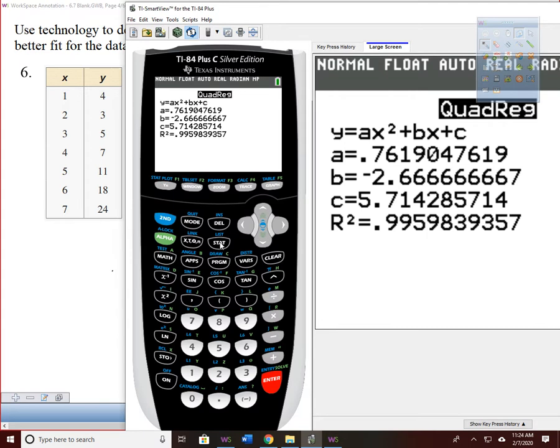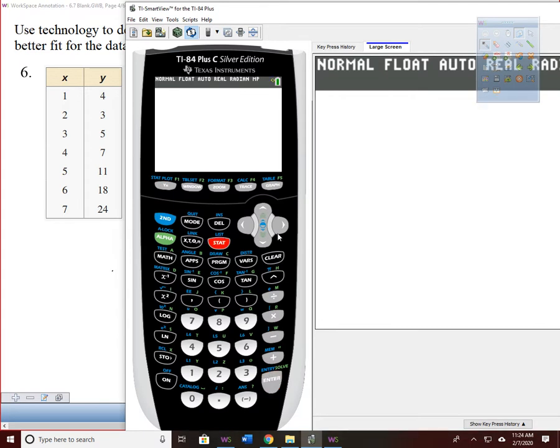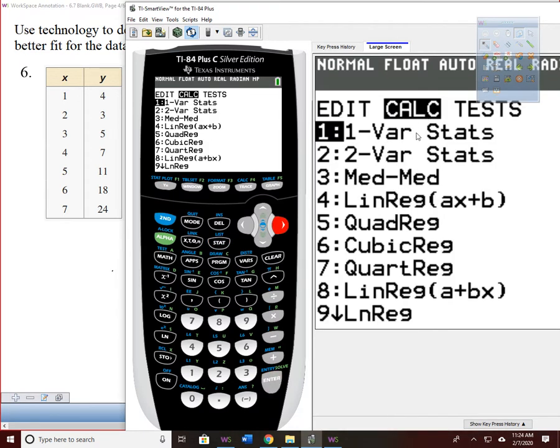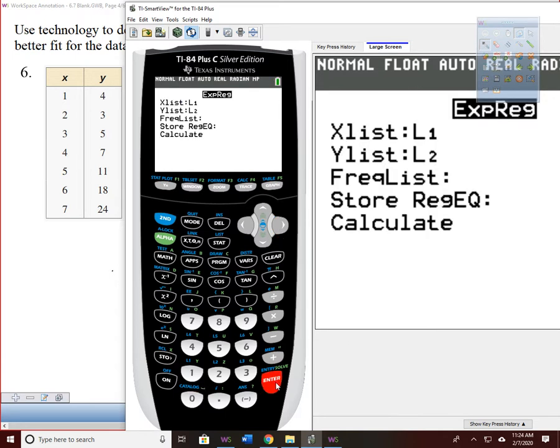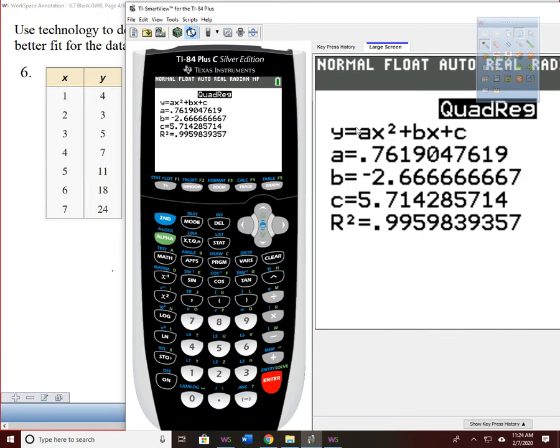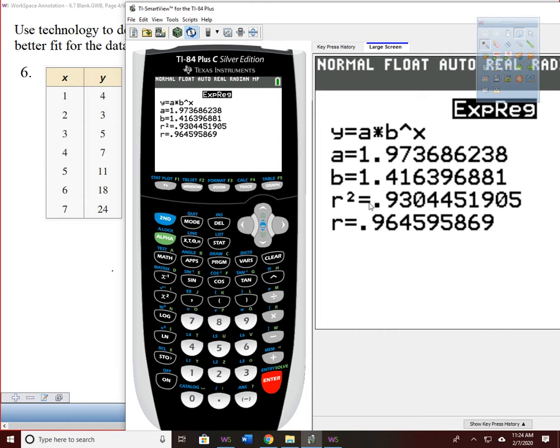I'm going to go back to stat, go back to calculate, but this time I'm going to choose 0, remember, because that's the exponential regression. Press 0, X's are in list 1, Y's are in list 2, go to calculate, and look at that R2 value. The R2 here is 0.9304.